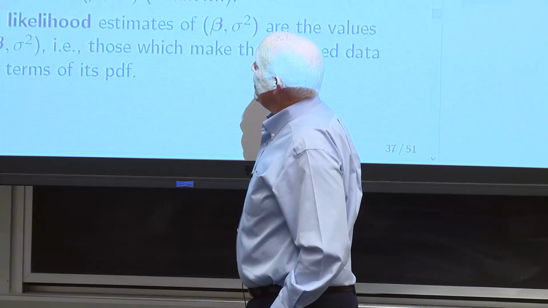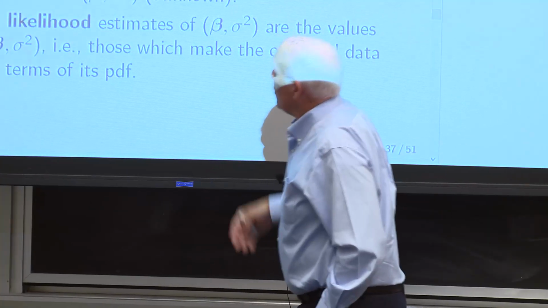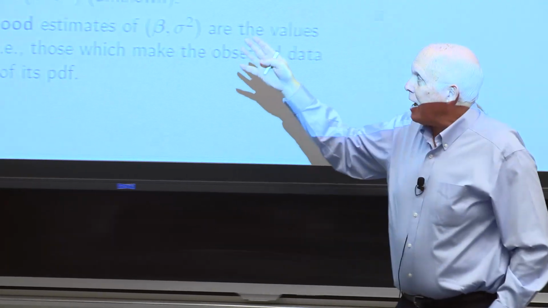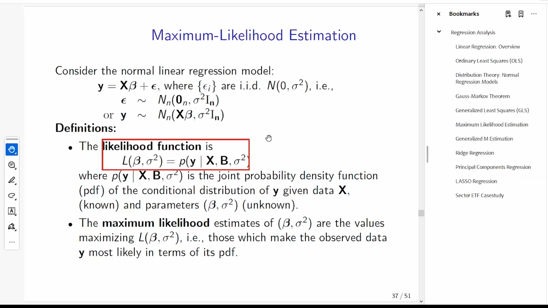And we simply identify those parameter values that maximize this probability. So we're looking at the parameter values that make the data we observed the most likely. And intuitively, that's maybe a reasonable thing.